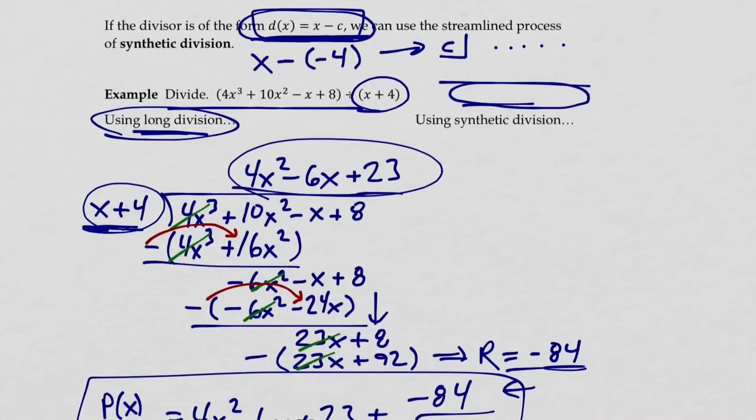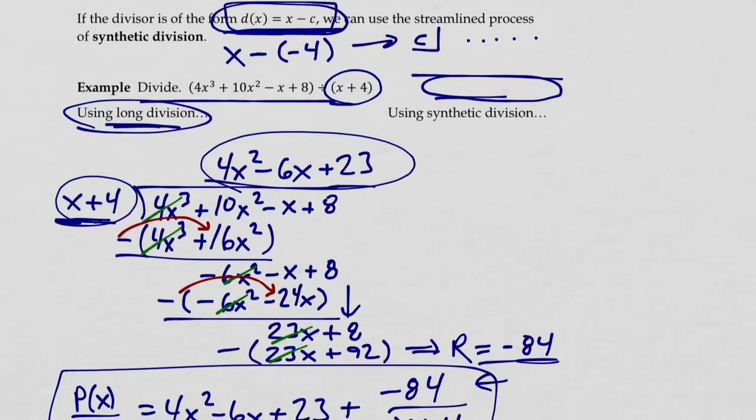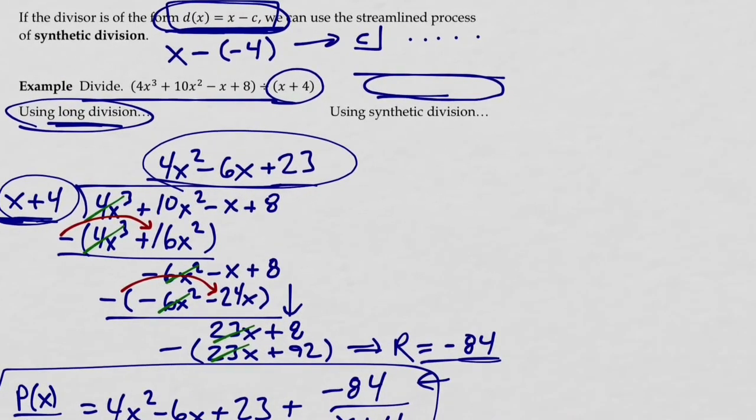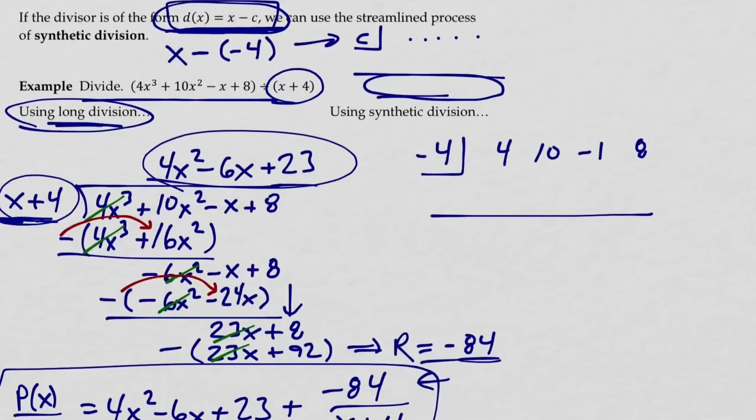And so for this problem, to set up synthetic division, I want to put negative 4 outside of the bracket, and then write the coefficients of the dividend, 4 and 10 and negative 1 and 8, along next to that. And now the process works in the following way. We bring down the first coefficient of the dividend.